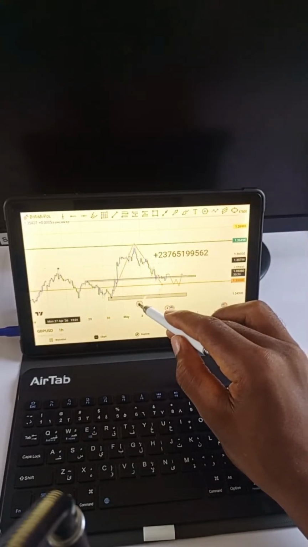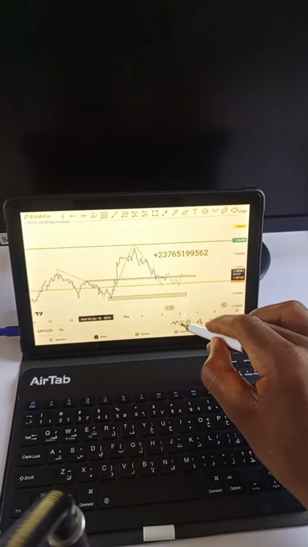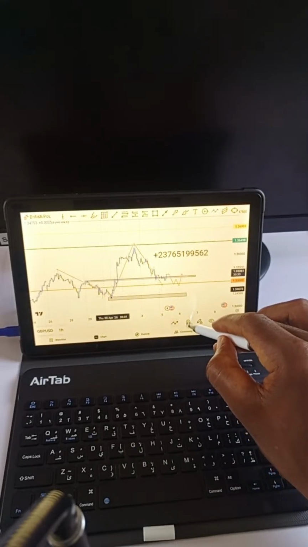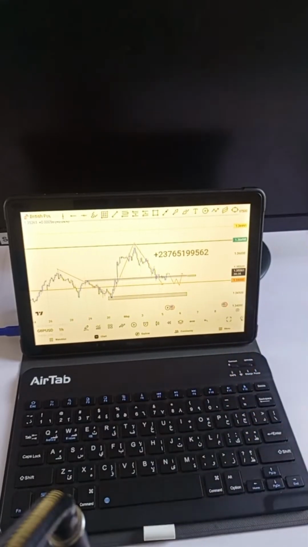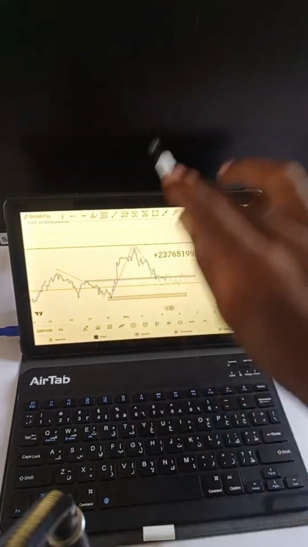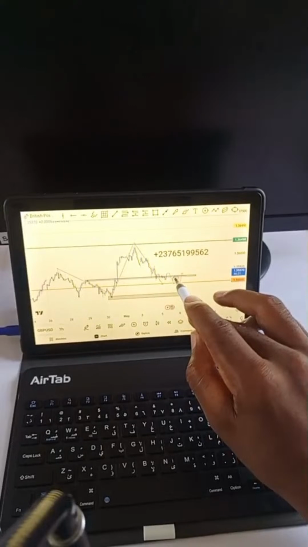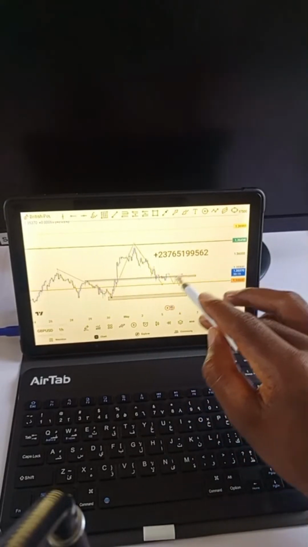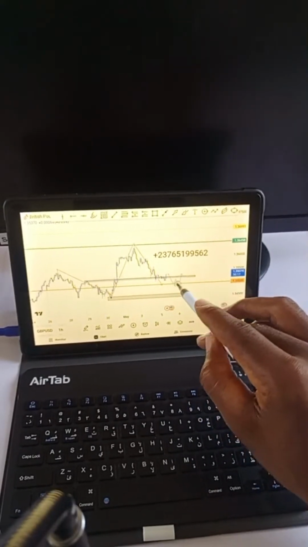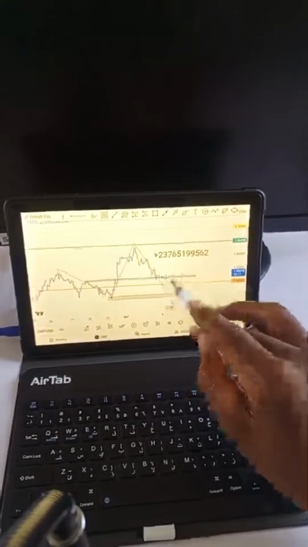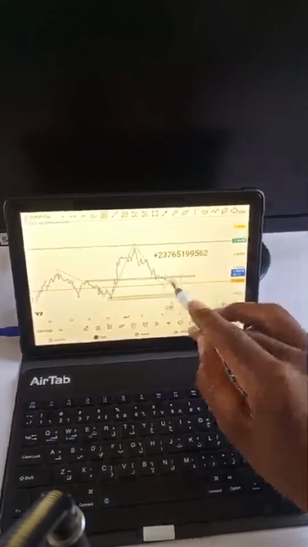Good. We have something like this on the 4 hour, an uptrend. Now you see in the 1 hour time frame we have an intense downtrend. So for us to know that it's time to start buying, we should see an internal change of character on the lower time frame. That should be the 1 hour.